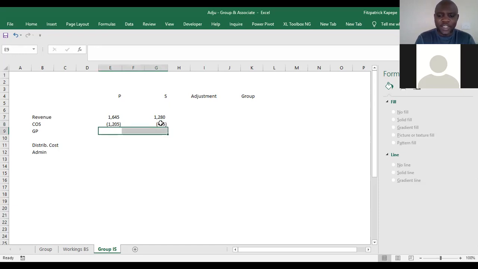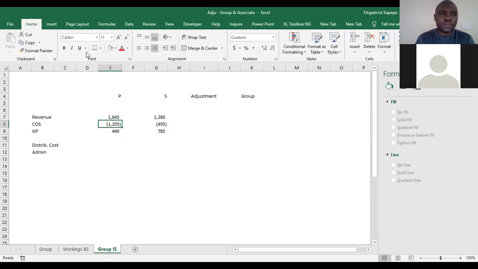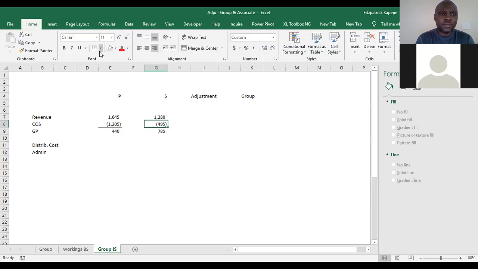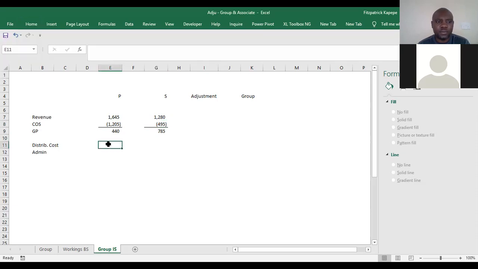Then gross profit. We have minus 100. Admin, we have 90.